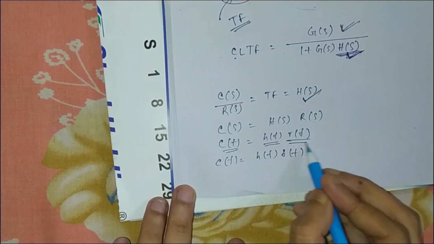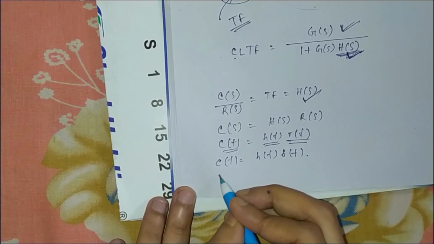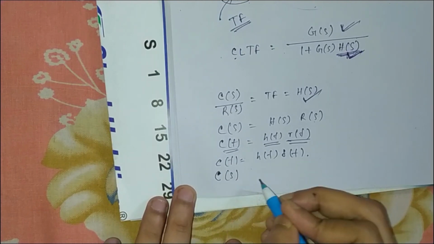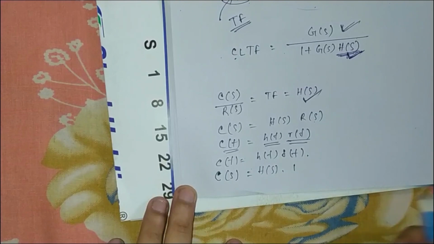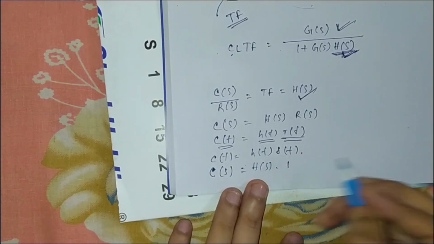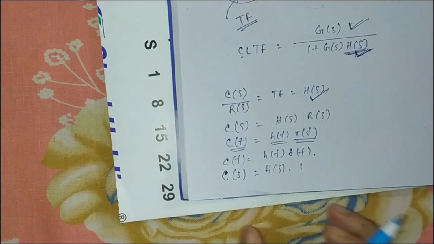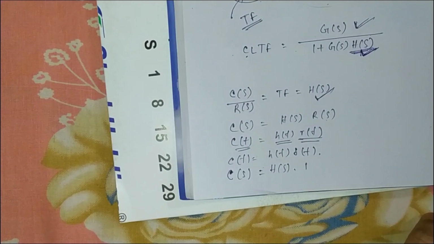Again using the Laplace transform, this becomes H of s into 1, as we know the Laplace of the impulse function is 1. So C of s is equal to H of s into 1 after doing the Laplace transform.